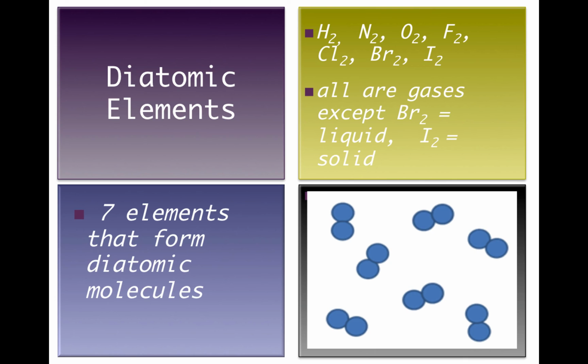When you write the formula for hydrogen, nitrogen, oxygen, fluorine, and chlorine gases, you always have a subscript 2. Bromine is a liquid and iodine is a solid. It's important for you to memorize the diatomic elements. All of the other elements on the periodic table would be considered to be monoatomic.